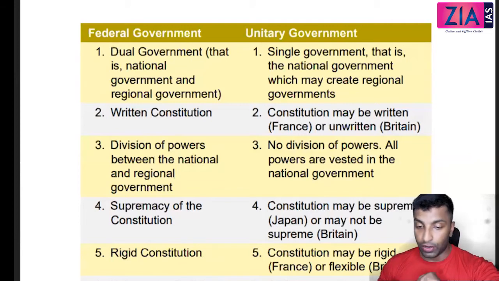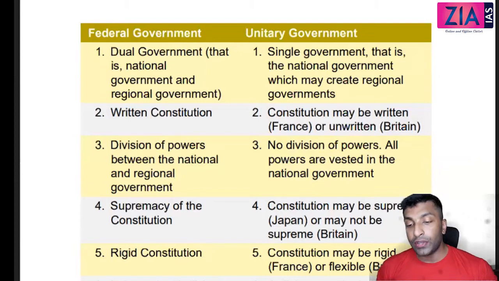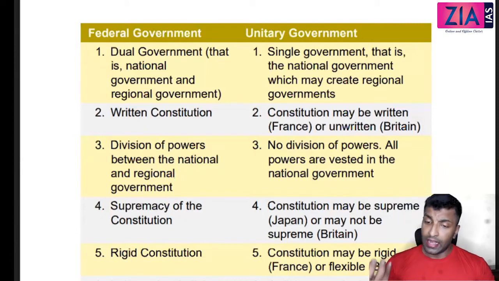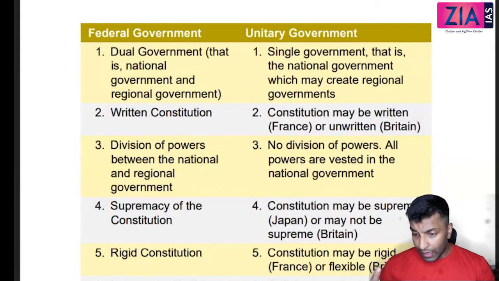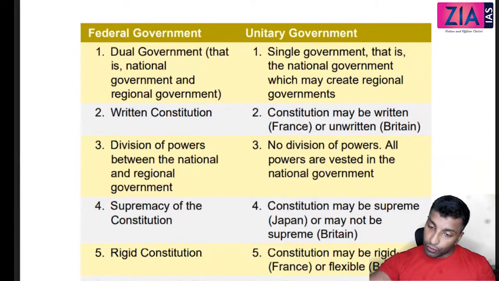That is one most important feature. On the other hand, in unitary there is a single government, right? So that is a national government only, which may create regional governments. When we talk about the single government like in Britain, there may be regional governments, but those are not independent in their own right. They are like an administrative arm of the national government only, okay?